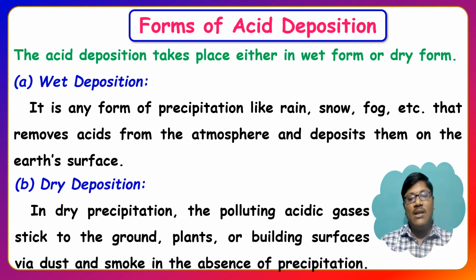In dry deposition, the polluting acidic gases like oxides of nitrogen and oxides of sulfur may stick to the ground, plants or building surfaces through dust and smoke in the absence of rain.